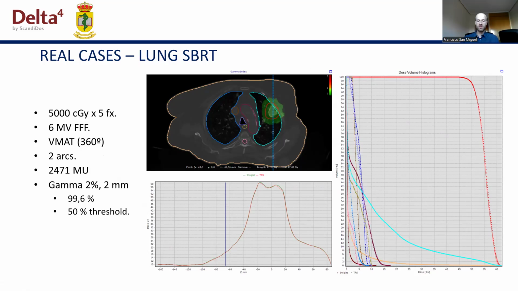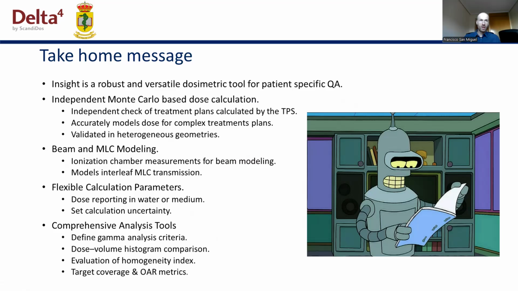So this case is quite interesting. So the main take-home message is that Insight has proven to be a robust and versatile dosimetric tool for patient-specific quality assurance in a wide range of radiotherapy treatments.